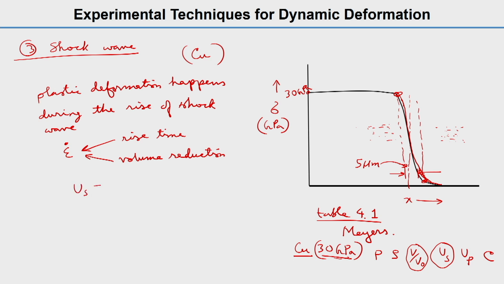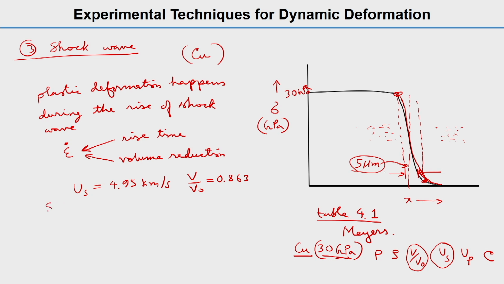This value from the table says that it is 4.95 kilometer per second, and V by V naught is 0.863, the specific volume. And we know that the shock front width is 5 micrometer, which we assume to be a very small value.